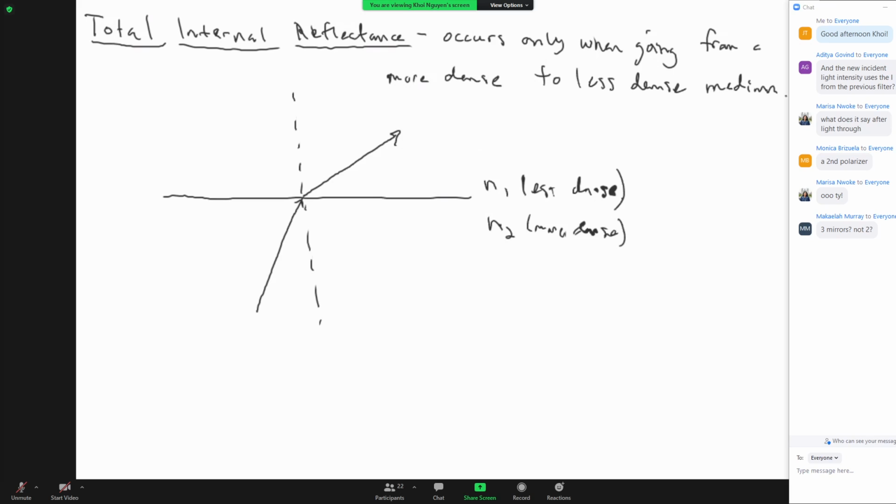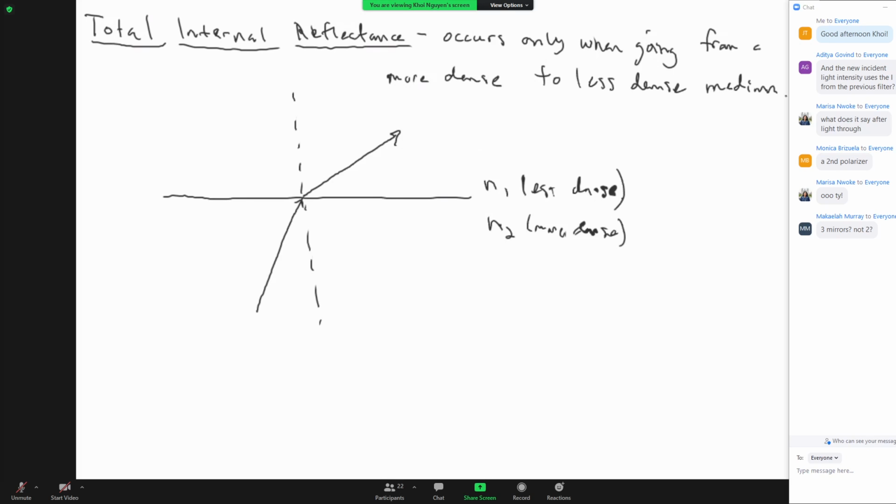No, it could be arbitrary. More dense doesn't always mean N2. I just kept it that way because I called N2 glass, and I just said that medium is more dense, but it doesn't necessarily have to be N2. It can be N1 or N2, right? That's the beauty about these equations. Those variables don't have to be fixed. They're always something else, right?